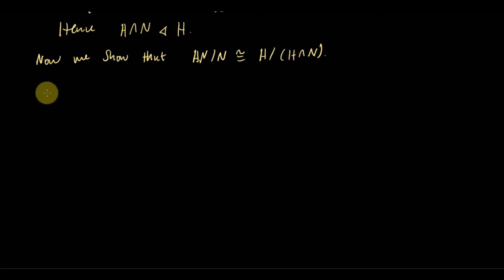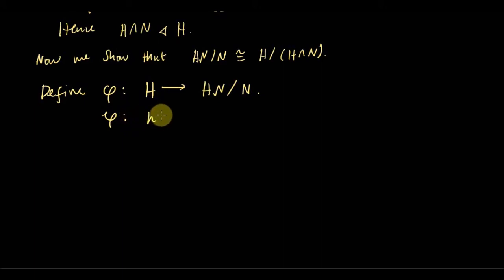So define, well, we don't know it's a homomorphism yet, but it will be. So define phi going from H to Hn mod n. And what does this do to the elements of H? It takes them from H to something in there.